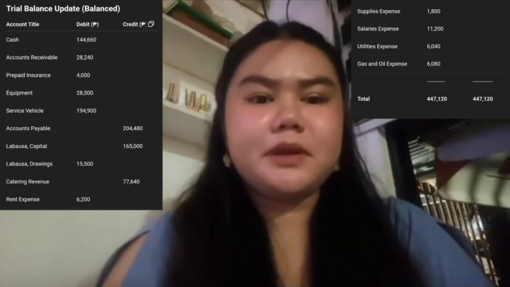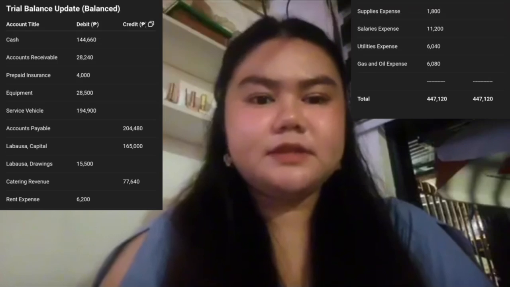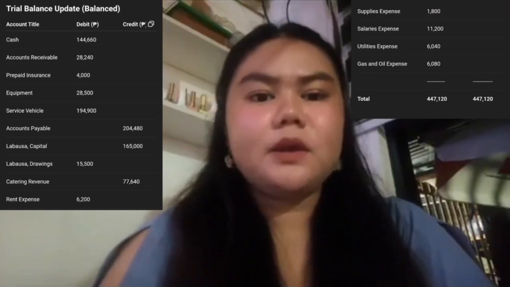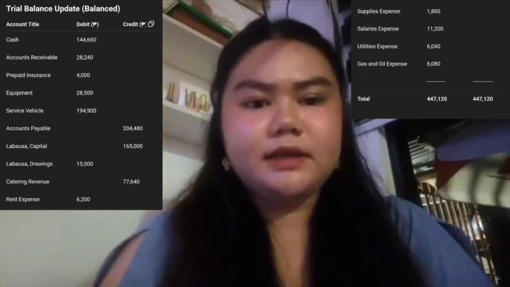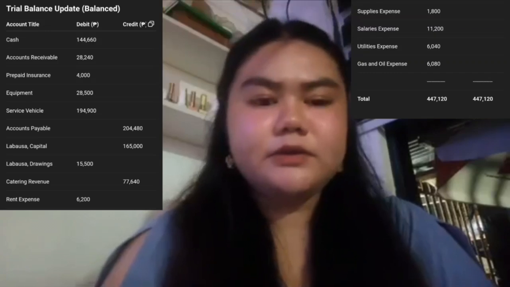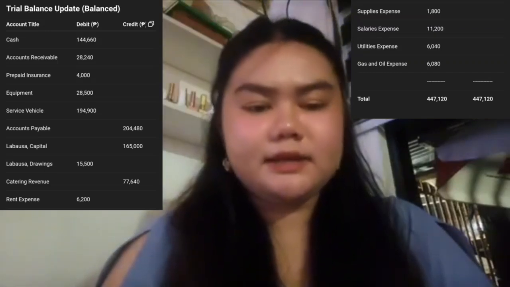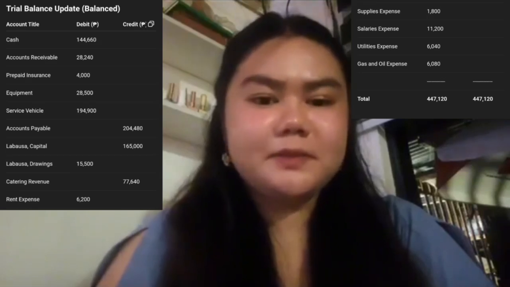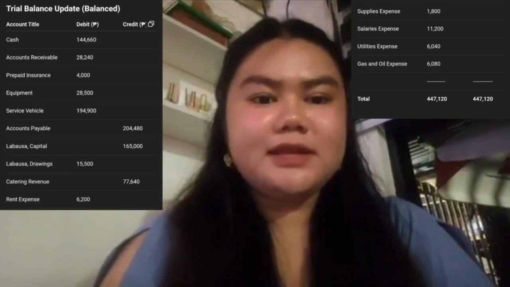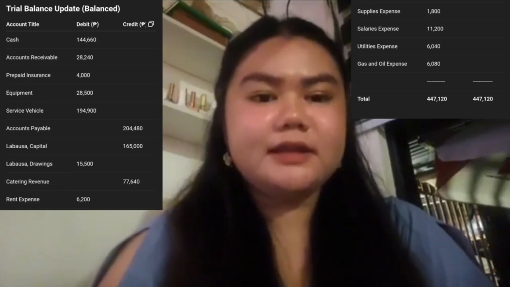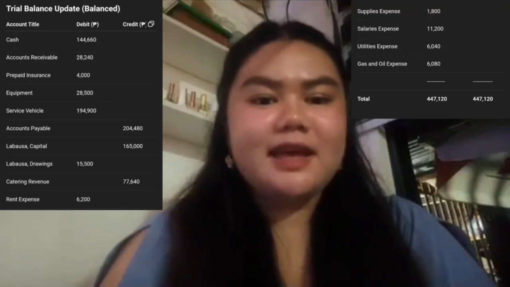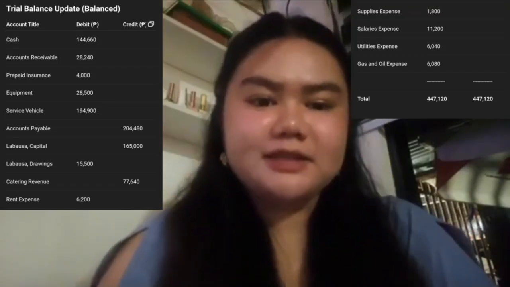For example, when the business receives 10,000 from the owner, we record it in the cash account and also in the capital account. If the business buys supplies worth 2,000 pesos, we record it in the supplies account and subtract it from cash.